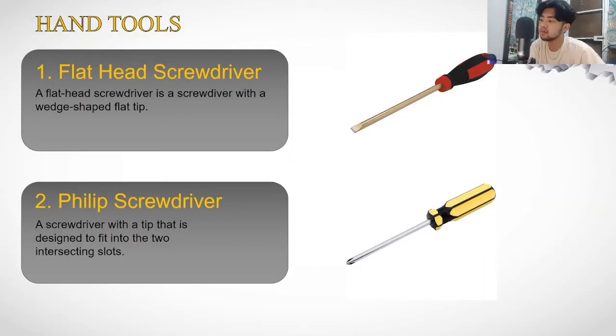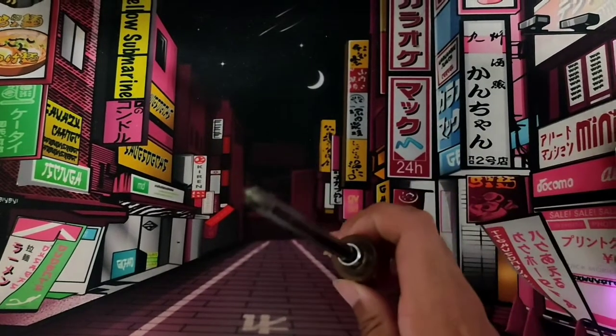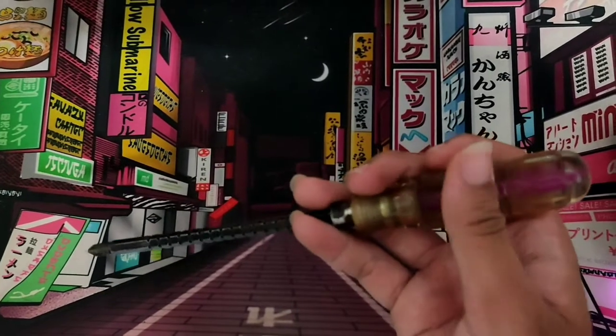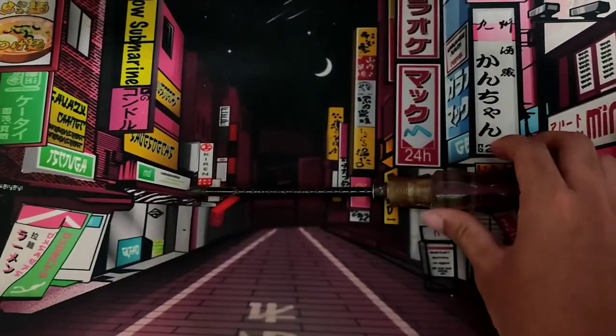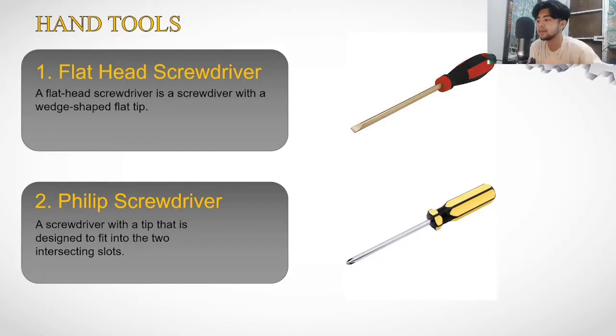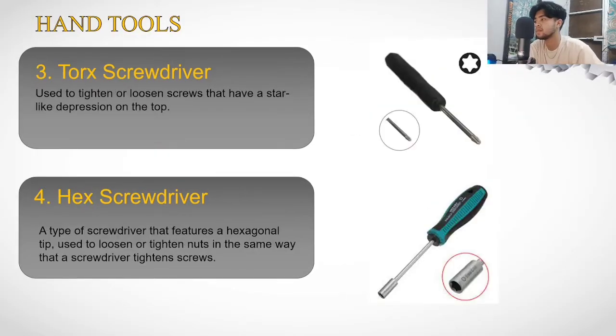A screwdriver with a tip that is designed to fit into two intersecting slots. Used to loosen or tighten crosshead screws. Number 3, we have the torx screwdriver. Used to tighten or loosen screws that have a star-like depression on the top.